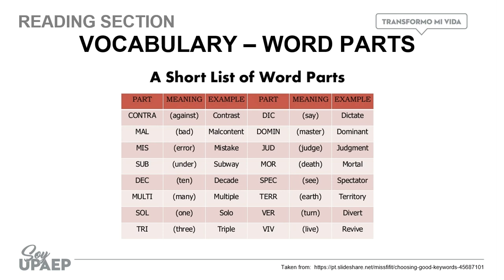So there are different particles that is important that you study in order for you to be able to determine meaning of words by using them. These particles or these word parts can be very, very helpful when you don't understand a word on the TOEFL test. But how are these particles applied in the reading section of the TOEFL?